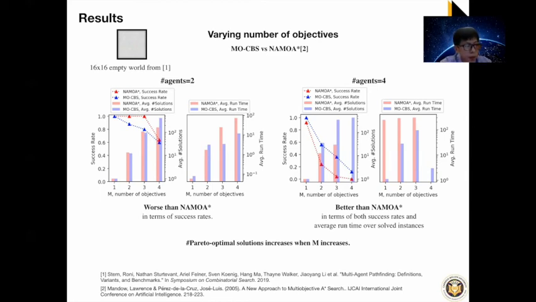On the right, with 4 agents, MOCBS clearly outperforms NAMO A* in terms of both success rates and average runtime over solved instances. It is also worthwhile to point out that when the number of objectives increases from 1 to 4, the number of Pareto optimal solutions increases from 1 to over 100, which indicates the difficulty of the MAPF problem.